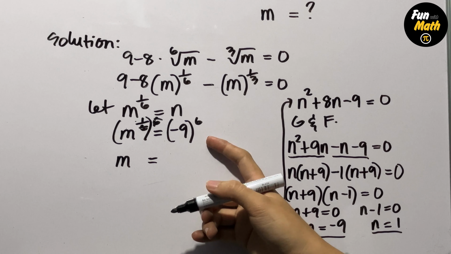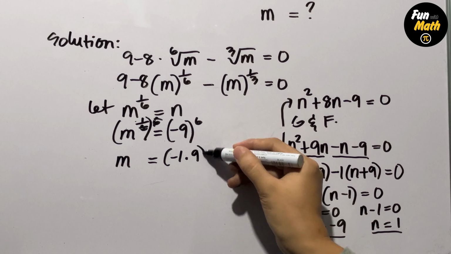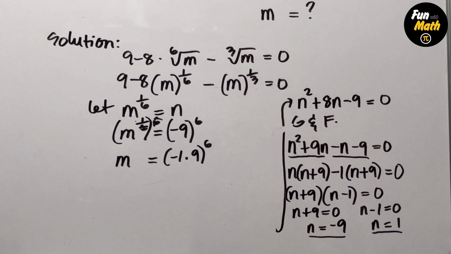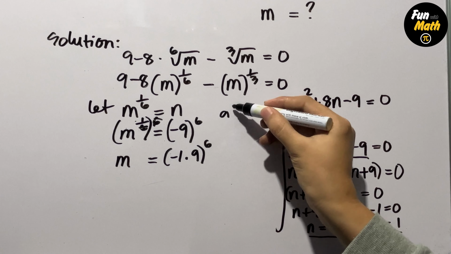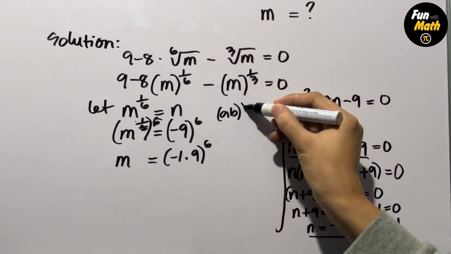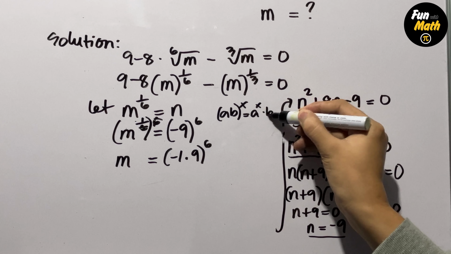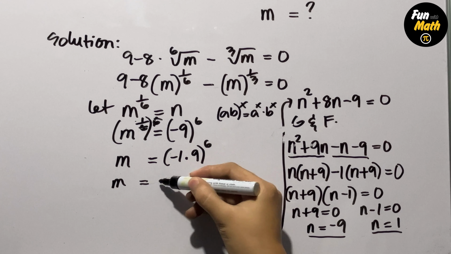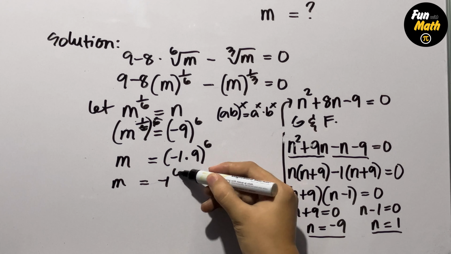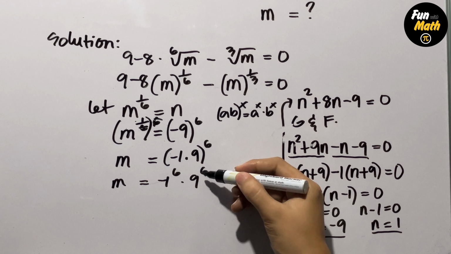We can split this into negative 1 times 9 to the power of 6. Now using the rule of powers, ab to the power of x is equal to a to the power of x times b to the power of x. So for this, m is equal to negative 1 to the power of 6 times 9 to the power of 6.